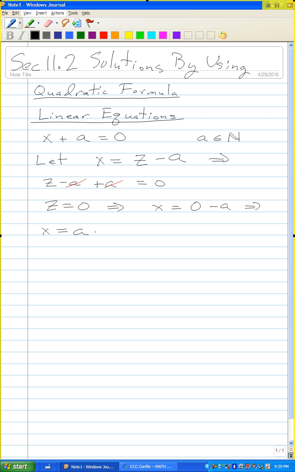Which means that even if I start out with a natural number, then to solve this equation, I'd have to extend my field of possible solutions to the integers.